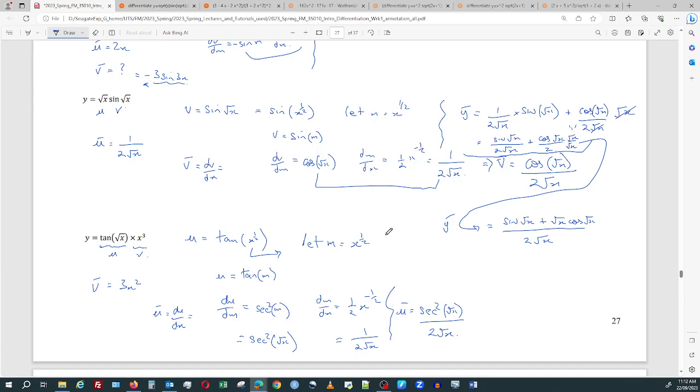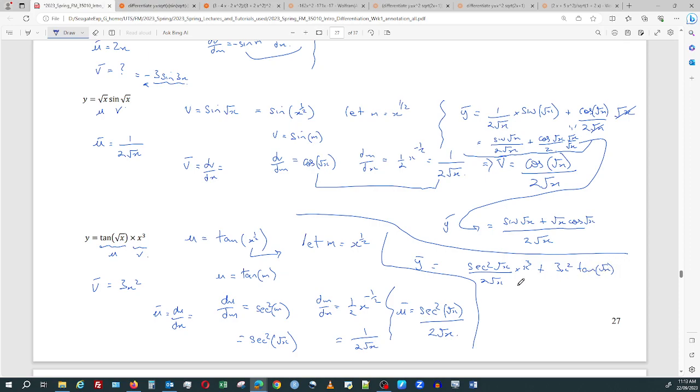Right, so y dash will be equal to u dash v times x cubed plus v dash u, tan square root of x.